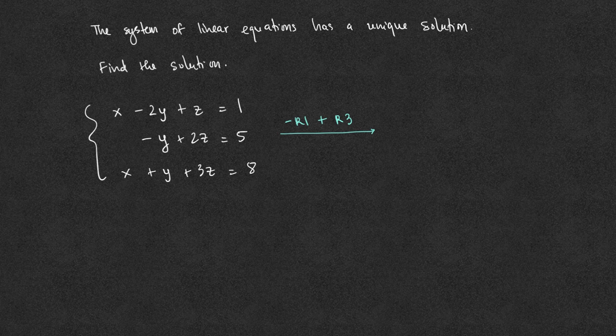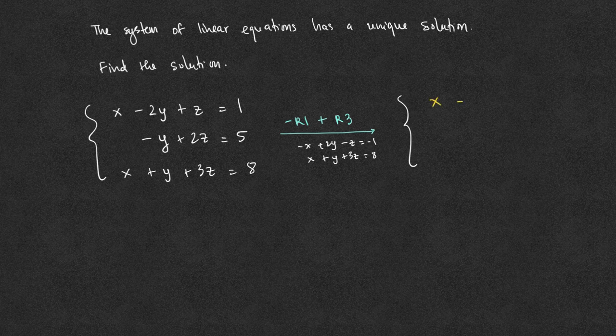If we multiply the first row by negative 1, then we would obtain negative x plus 2y minus z equals negative 1. And if we take this and add the third row to this, which is x plus y plus 3z equals 8, we will get a new row to replace row 3 with its new equation.